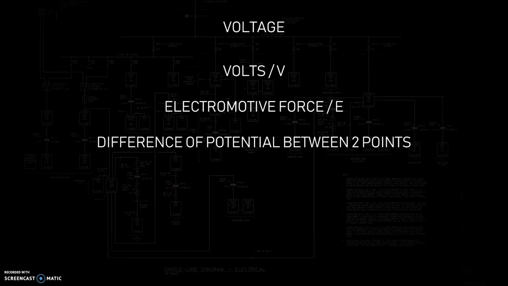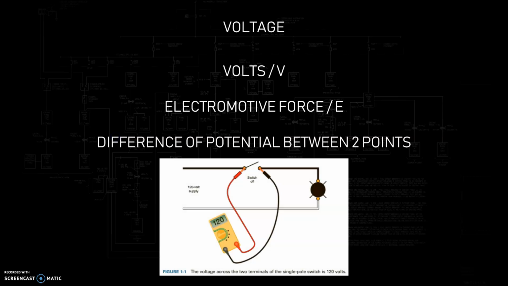Okay, so when we take a voltmeter and we have 2 leads and we place one on one part of a circuit and one on the other, we're measuring the difference of voltage between those 2 points. Okay, so in this case, we have a switch that is turned off, or it's open, right?